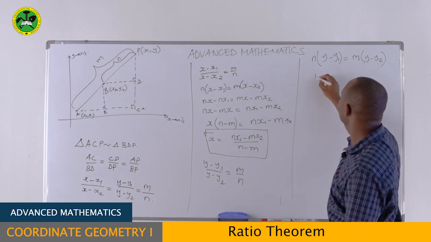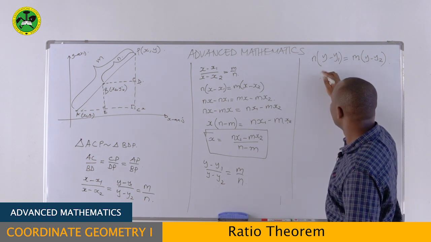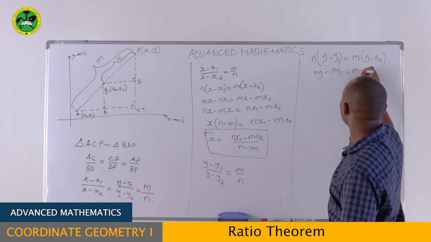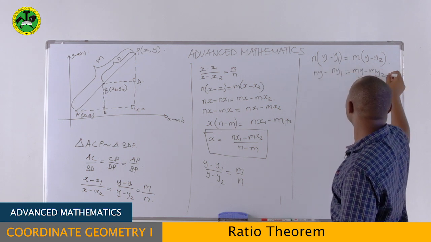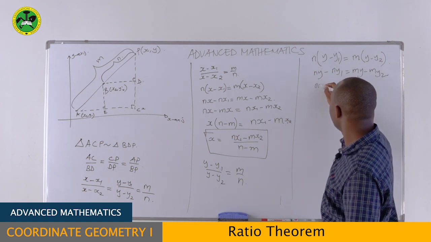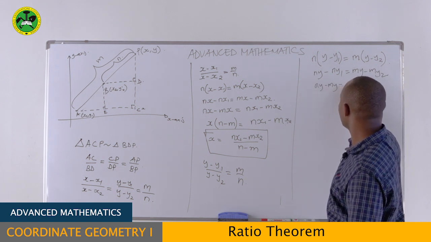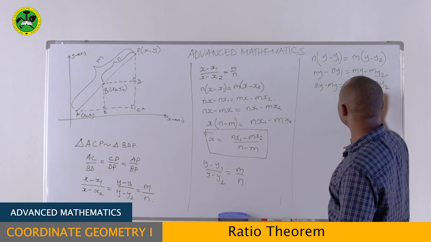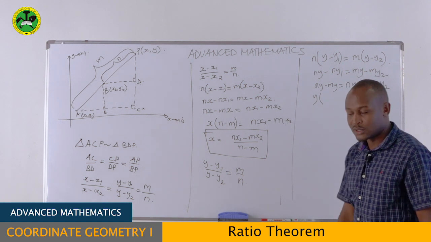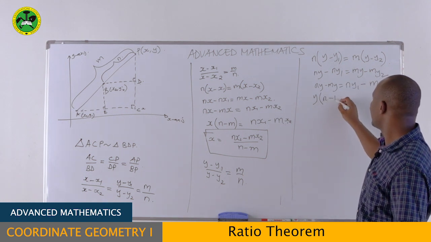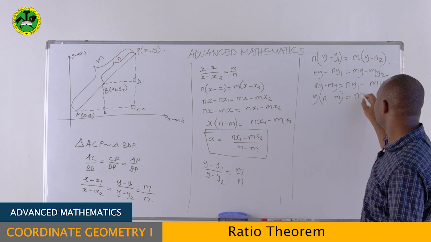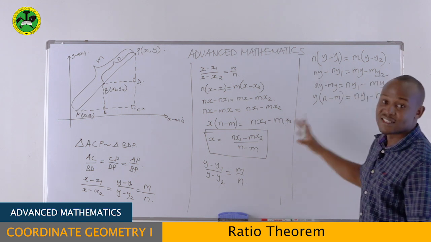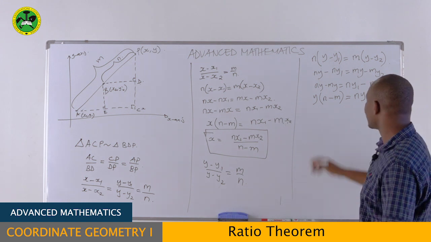Opening the brackets, we have NY minus NY1 equals to MY minus MY2. Collecting like terms, we have NY minus MY equals to NY1 minus MY2. Y equals to what? That will be like that. It's fairly easy. It's a making-subject question, a form 2 question.